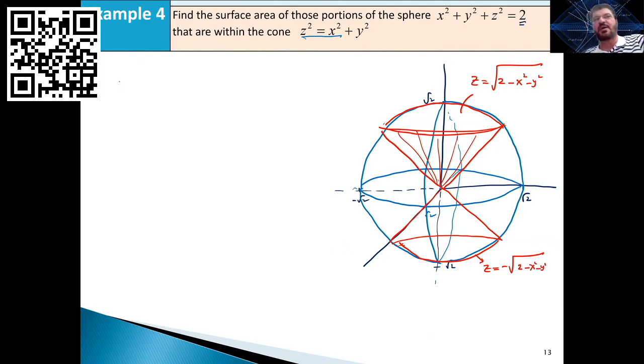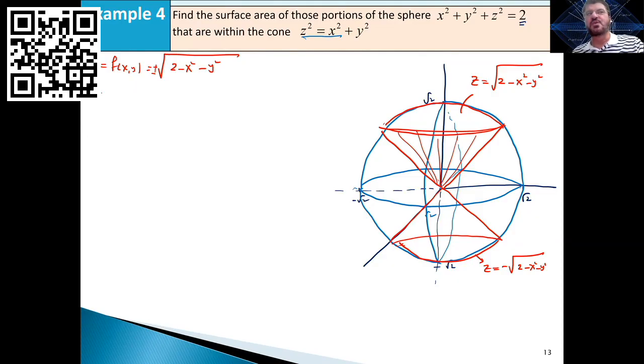So this is actually our f. So z here, which is f of x, y, the top is going to be the square root of 2 minus x squared minus y squared, of course, plus and minus. Now what I'm going to do, I'm not going to bother myself with the bottom one. So I'm going to find the surface area of the top one and multiply the whole thing by 2.